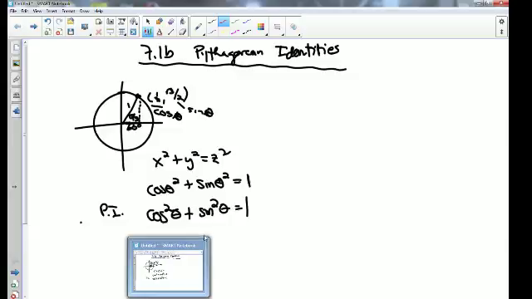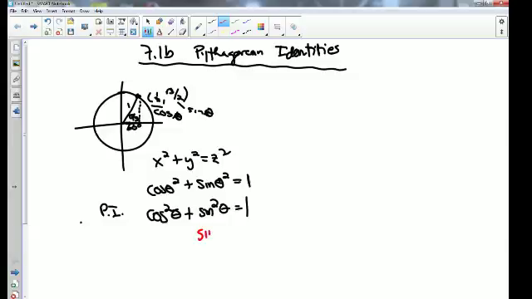Can I say that sine squared, so a lot of times you'll see this identity used like this. So sine squared, if I subtract cosine squared over here, right? Is that legal? Yeah. It's 1 minus cosine squared. A lot of times we're going to use that. It's this Pythagorean identity, just manipulated algebraically.